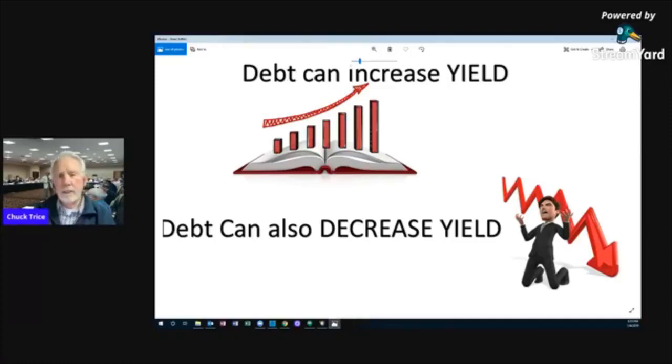So those things have to be juggled around. You have to be able to increase or decrease a lot of these things to be able to increase your yield. To me, this is kind of a fun way to work on these properties and structure these deals and just have fun doing this kind of stuff.